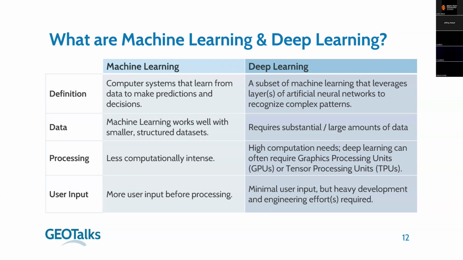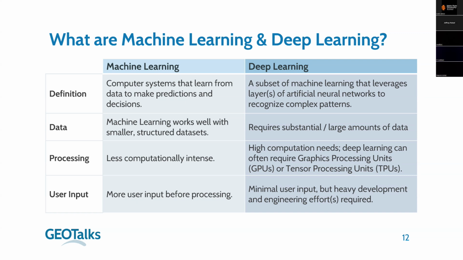These days it's less computationally intensive and requires a bit more user input before some type of processing. For those of us who have been around a bit, I'm thinking back to the days when I was working in the very early versions of ENVI and making training data for basic land cover classification. And we'll talk a little bit about modern approaches to that today.